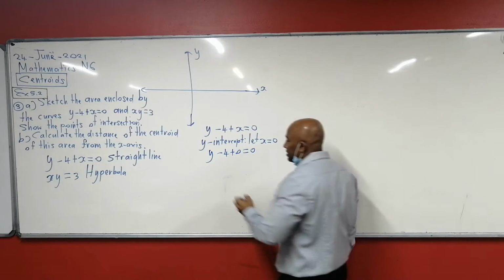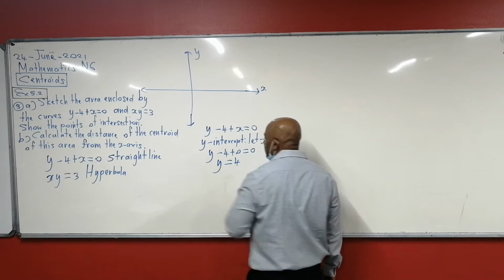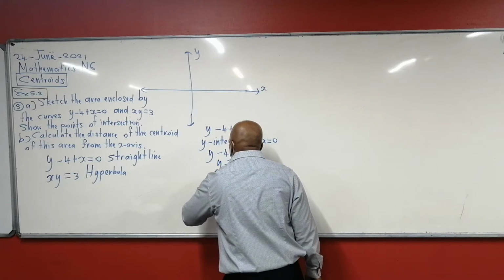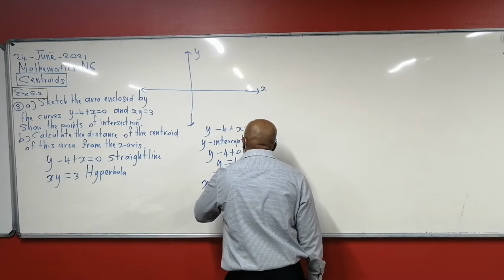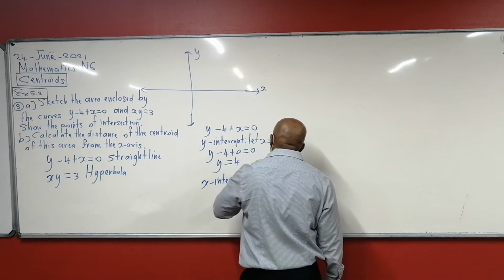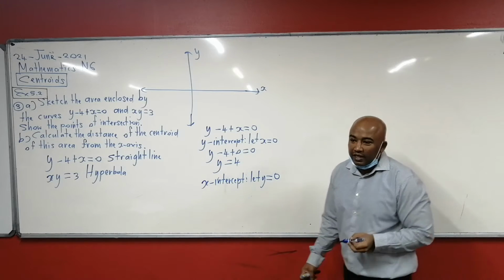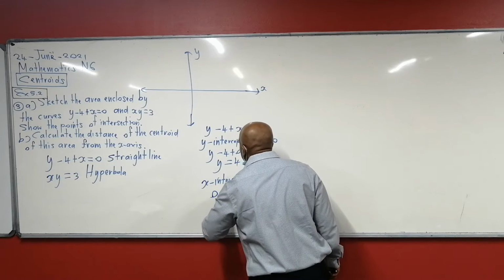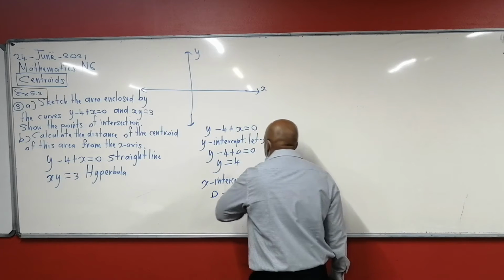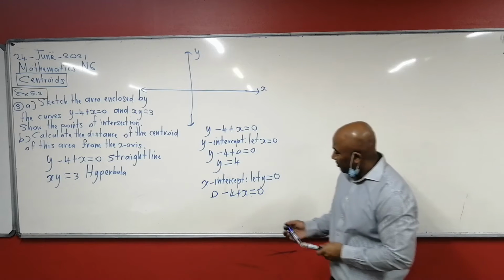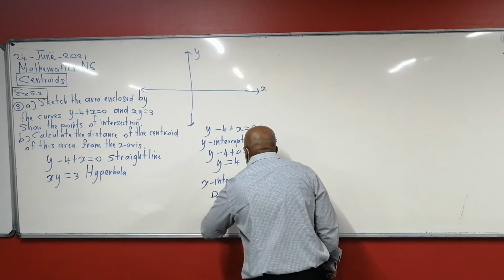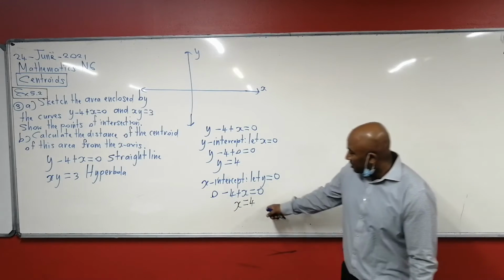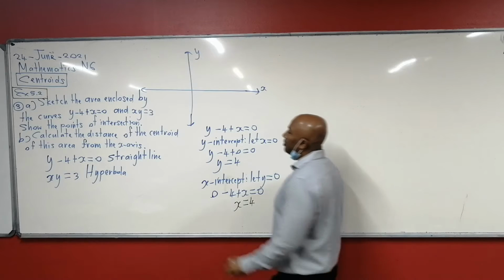Solve for y, so y is equal to 4. If I want to find the x-intercept, I let y equal 0. So 0 minus 4 plus x is equal to 0. Solve for x, so x is equal to 4 also. The x-intercept is 4, and the y-intercept is also 4.